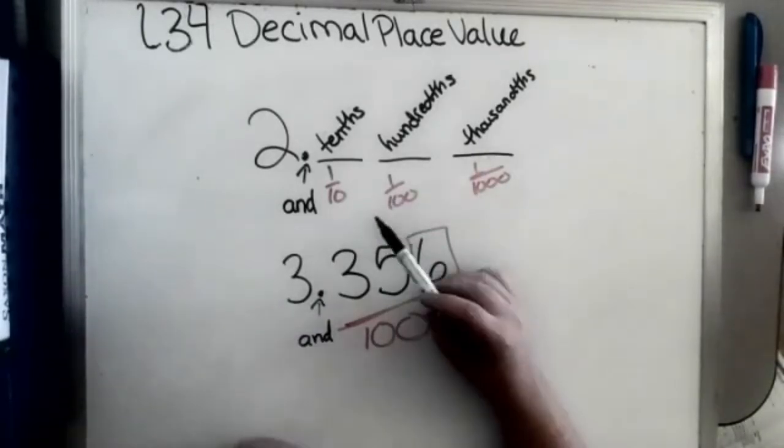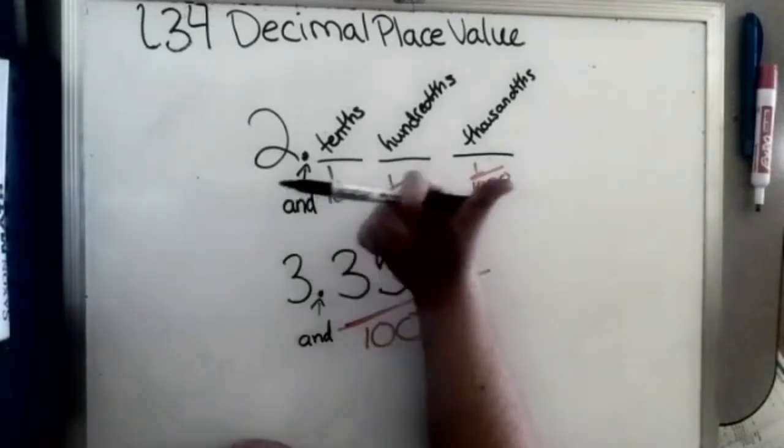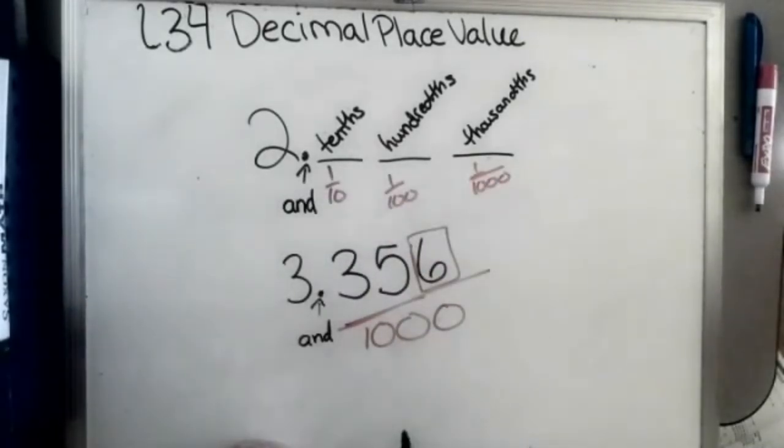Okay, now if you notice up here, tenths, hundredths, thousandths, the farther this way you go, the smaller the number is.